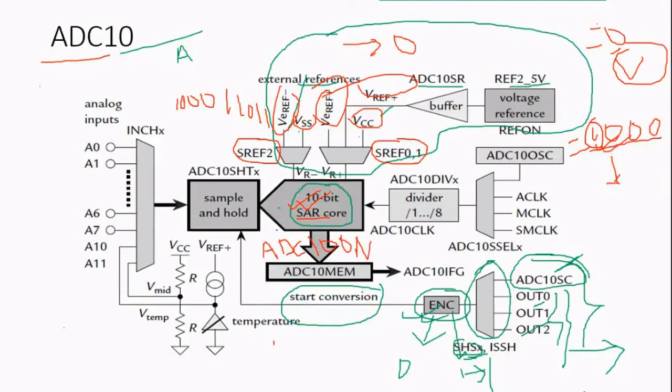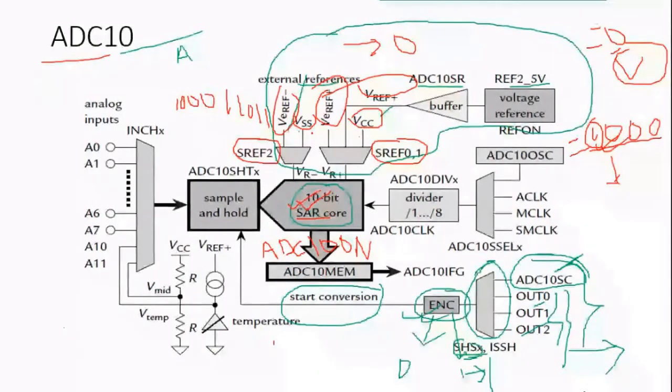Now where will you get this ADC10ON? ADC10ON is controlled by the ADC control registers. With the help of the ADC control registers, you can set any bit or reset any bit. After finishing this, I will see the ADC control registers. Two types of control registers will be used in this.